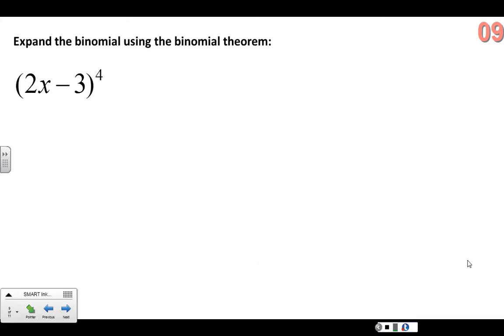This one should be a little harder to do using the binomial theorem. So let's see what we have here. It's your first, which is only to the fourth power, thank goodness, because this will be a little bit easier.